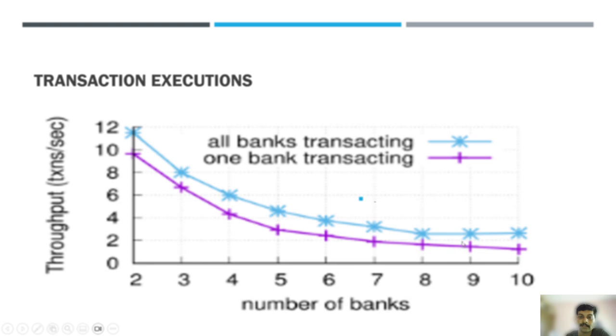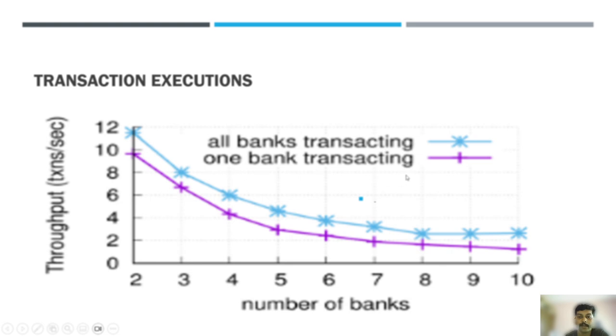And the same thing here, this is basically the throughput where all banks are transacting and where one bank is transacting, which you can check out here. When the banks are transacting in parallel, you can see how it works, and with one bank transacting, you can see how it works. It's about the parallel transactions happening.